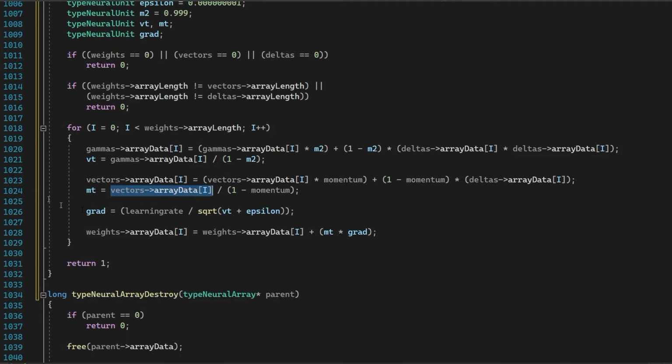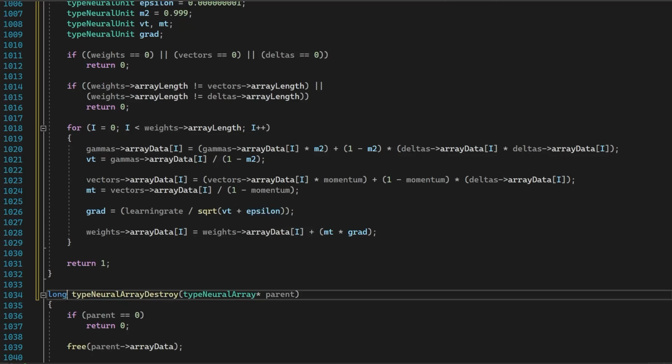You take the vector and apply a correction just to make sure that it doesn't mess up for whatever reason. And gradient is learning rate divided by the square root of v_t plus epsilon to prevent it from dividing by 0. Is it square root of v_t plus epsilon?